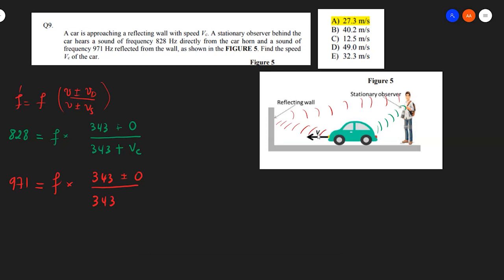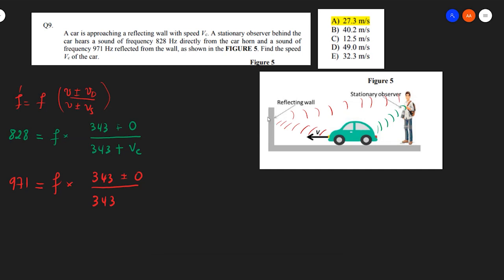So what's happening here? This one will be detected by the wall, and the one which is reflected will have exactly the same frequency as detected by the wall. So we just need to write the expression for what is detected by the wall.